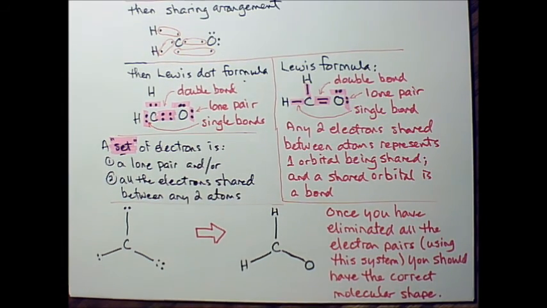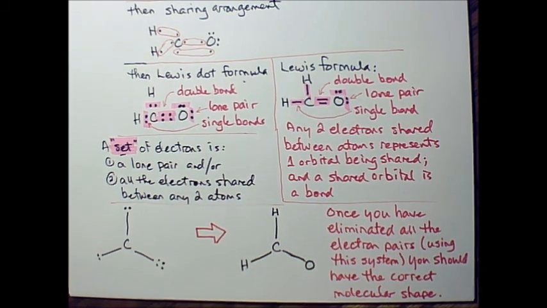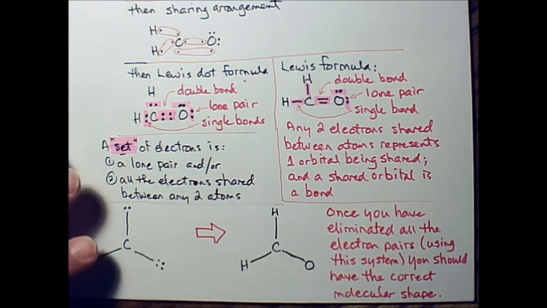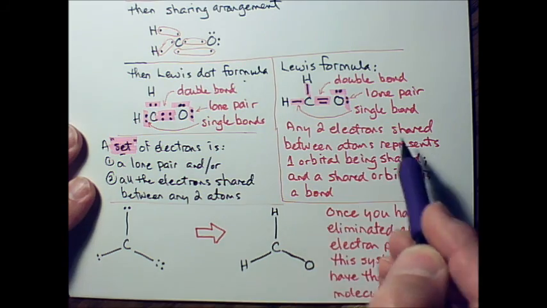Now, earlier in the week, we did some shapes where we had to get rid of electron pairs that were unshared, the lone pairs. And that's how we ended up with the correct shape for water. When you did your balloon models yesterday, you saw that the two bonds with hydrogen, if your balloon model was done correctly, were at a kind of angle.